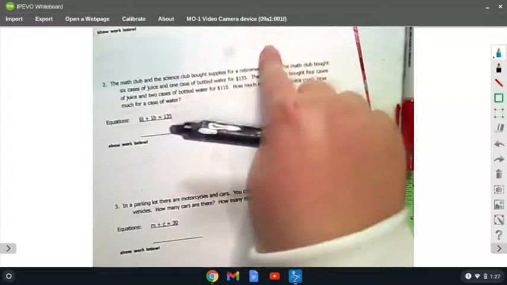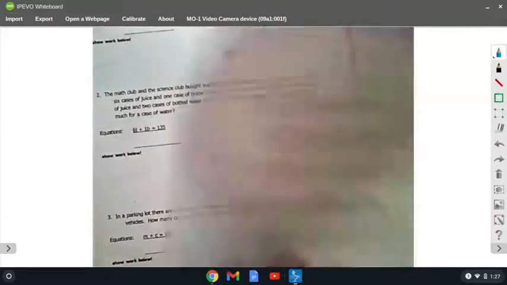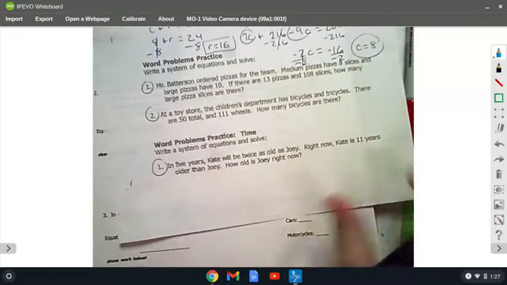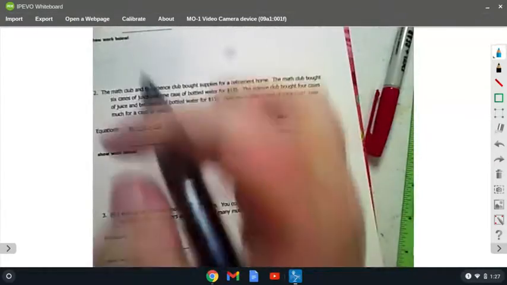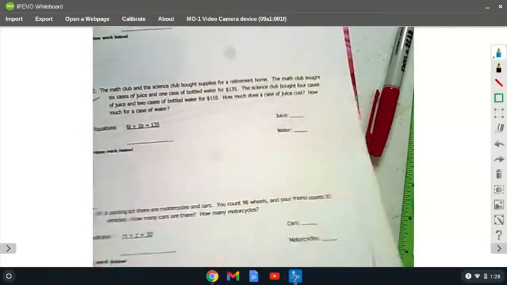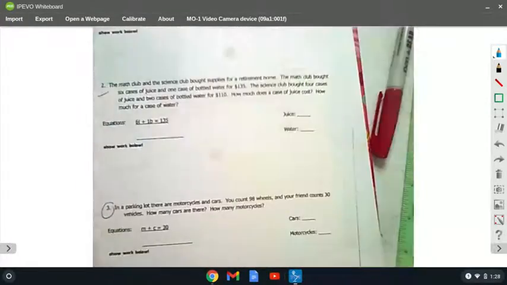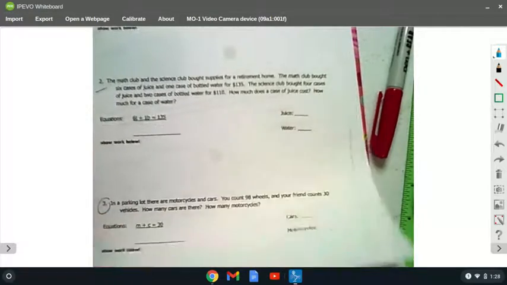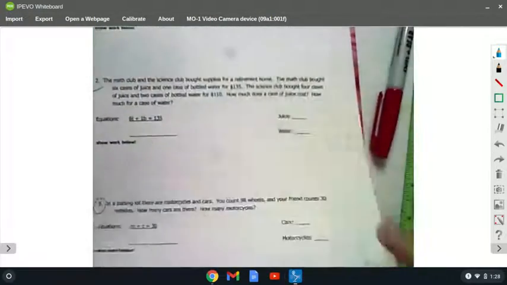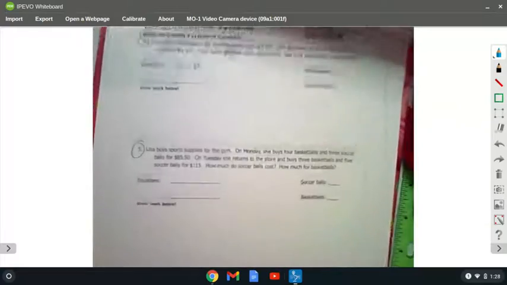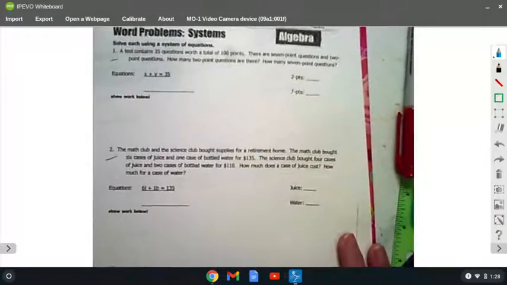So for practice today, I'm going to do these with you, and then you're going to do the rest on your own, and then the next page as well. So these two I will do with you.